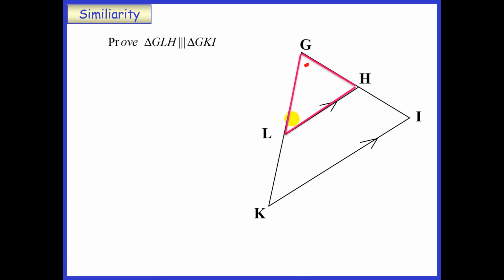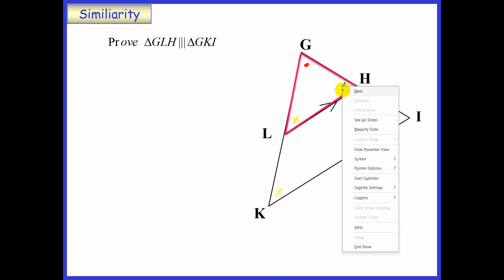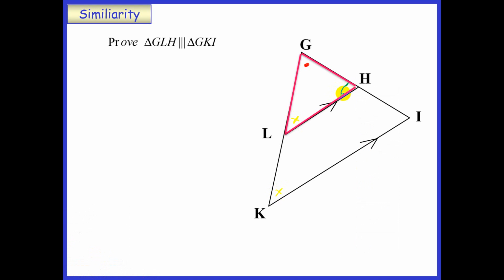We can also conclude that angle L is equal to angle K due to corresponding angles. And then our last conclusion would be that angle H is equal to angle I because both these triangles add up to 180, so we can use the sum of angles of a triangle.